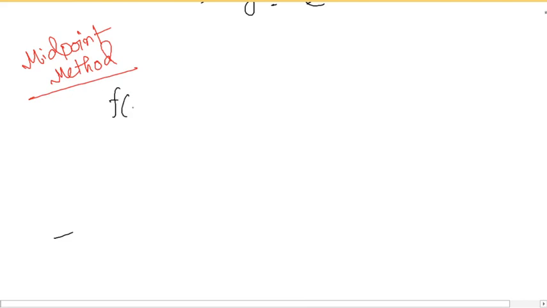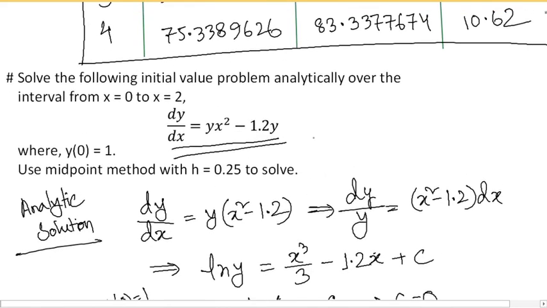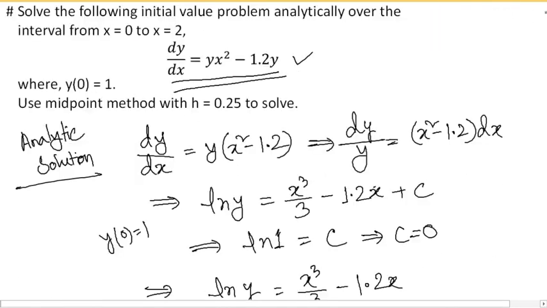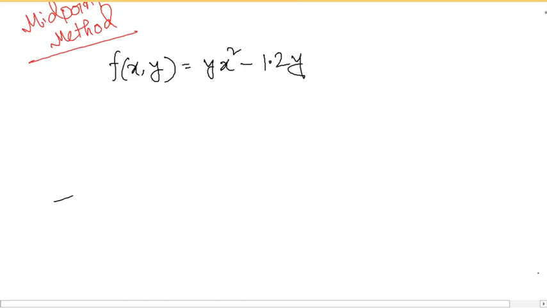The function f of x, y in our case here is y x squared minus 1.2y, which is dy by dx. We know that y0 equals 1, and now we need to calculate the slope at the midpoint.